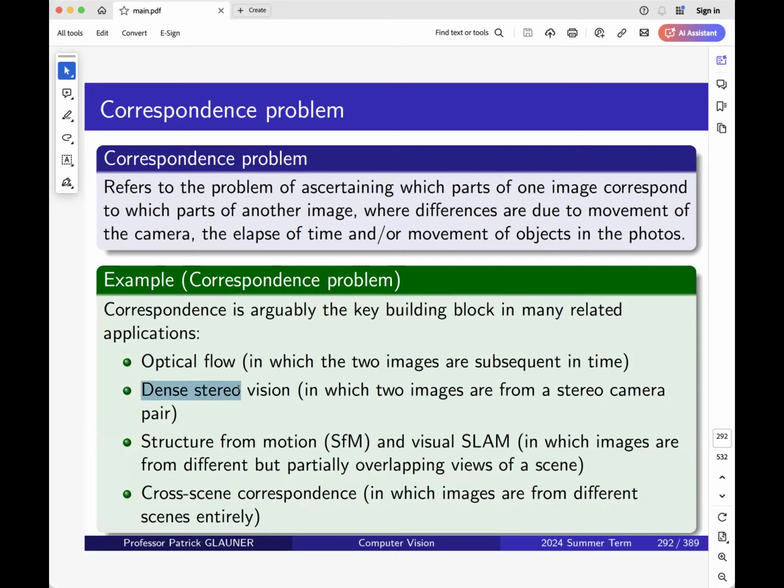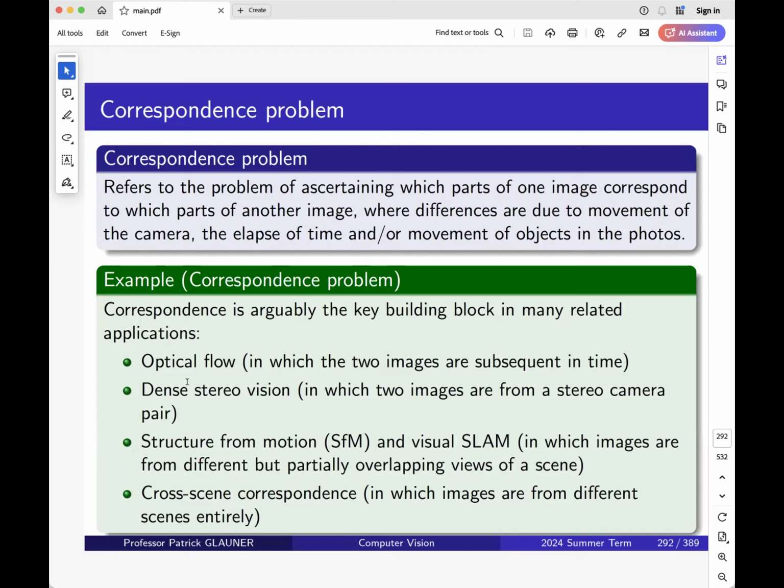For example, stereo vision. Stereo vision means you have two images from two cameras at the same time. Stereo vision is something we will also discuss a little in the Outlook chapter of more advanced topics. So you have a setting and two cameras on the same setting.